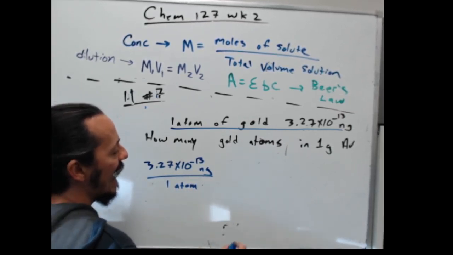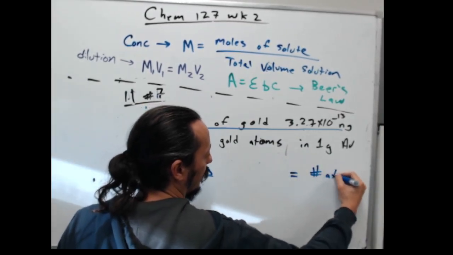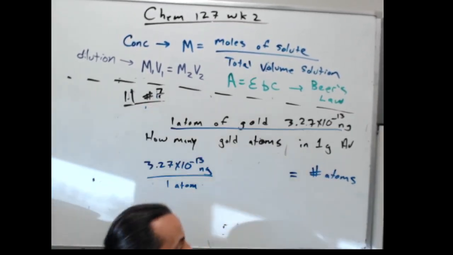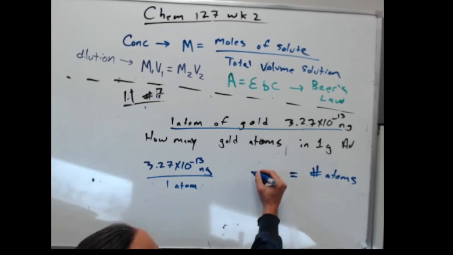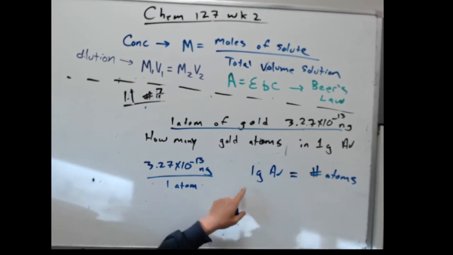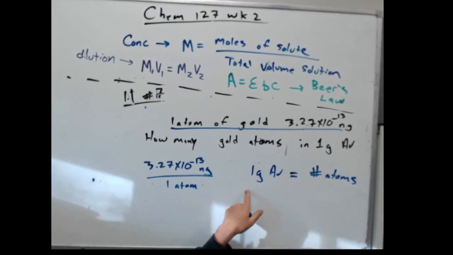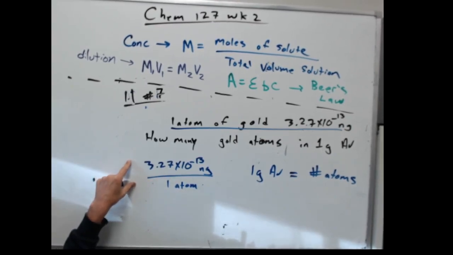And I want to get eventually to a number of atoms. So this is going to be a complete unit analysis problem, where I just need to get my units to cancel. Now, I know I have 1 gram of gold. If I want atoms on top and I want to cancel out grams, is this the right way to write this down?